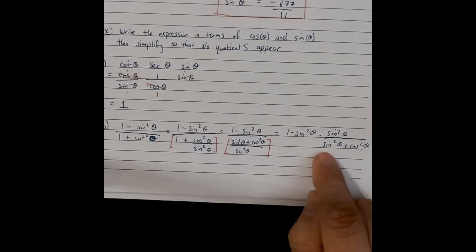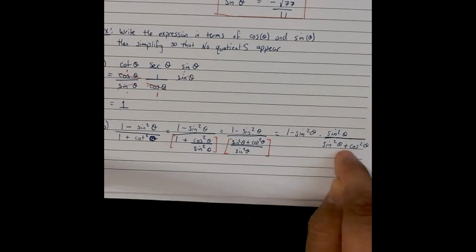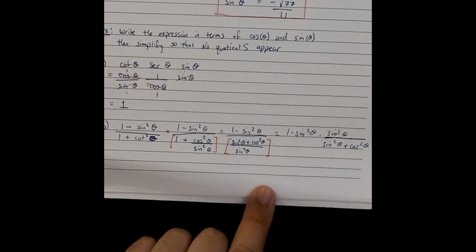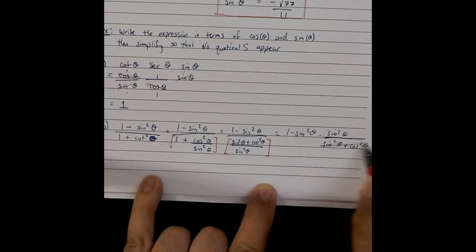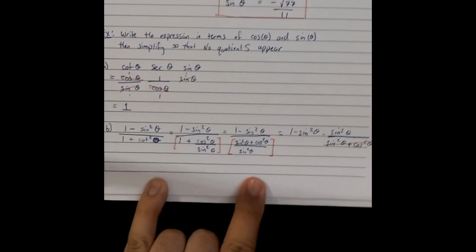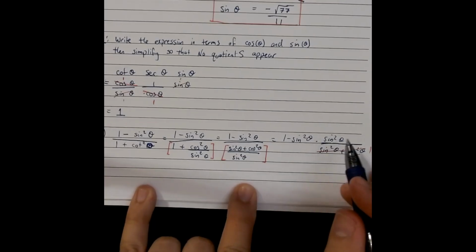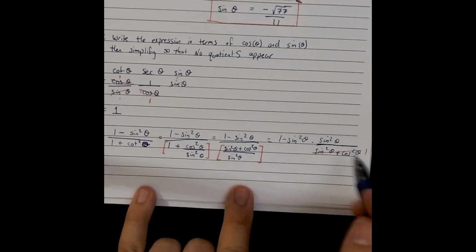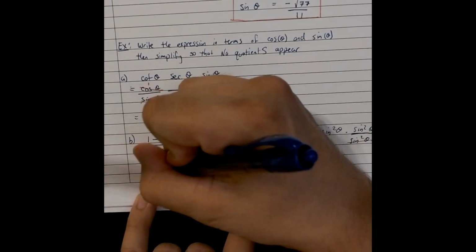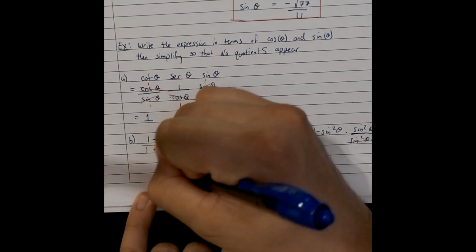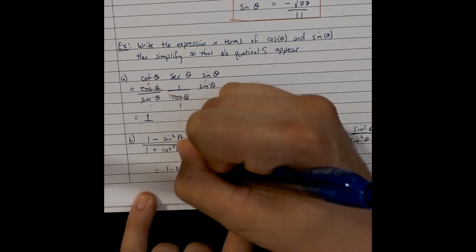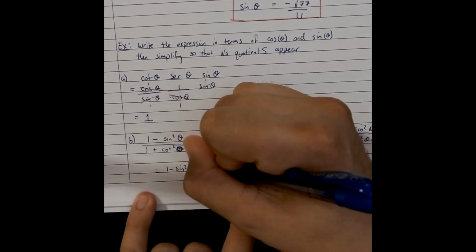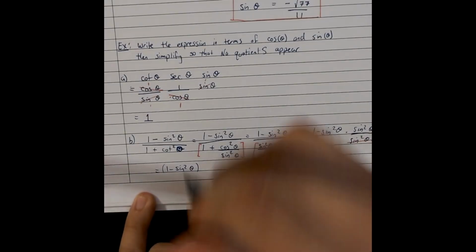So this denominator is just the number 1. And so now that's not even a fraction anymore. Sine squared of theta over 1 is just sine squared of theta. So this is going to equal 1 minus sine squared of theta times sine squared of theta.